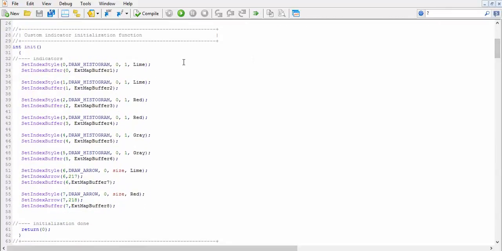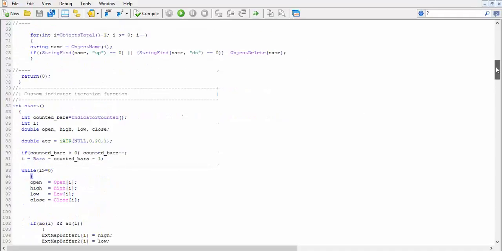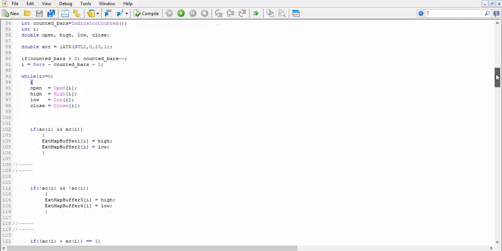So, histogram, there's your two arrows. This just deletes the things from the chart. This is the same as before. If the AO and AC are both going up, well then these work.